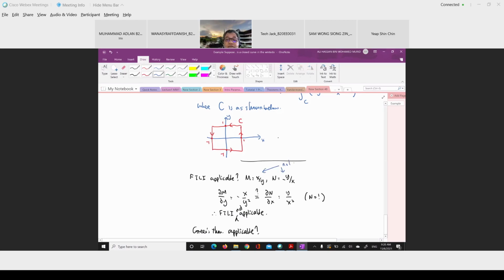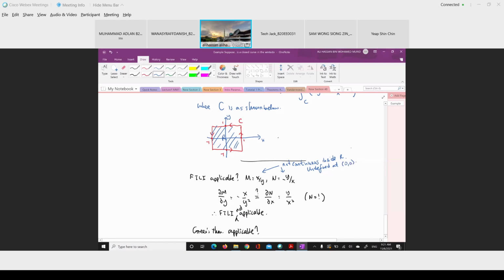Not continuous inside the region, say R here. Not continuous inside R because it is undefined at 0, 0.